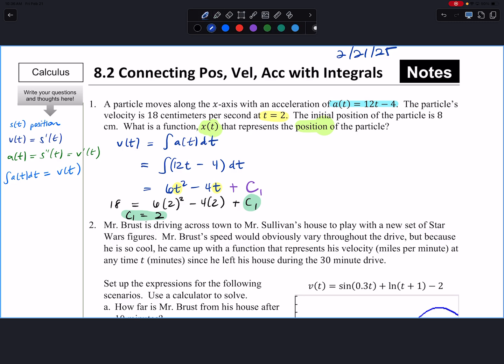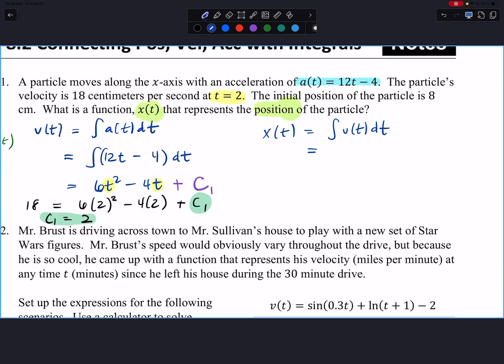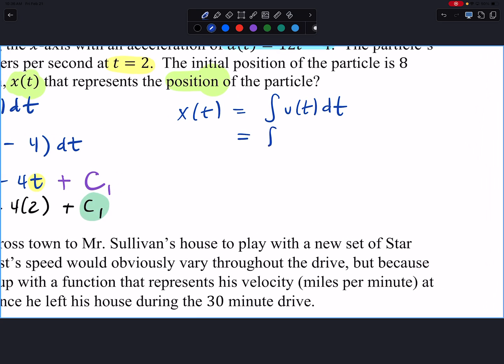So x of t is the integral of velocity. So it's going to be the integral of 6t squared minus 4t plus 2 dt. Is everybody cool with that?